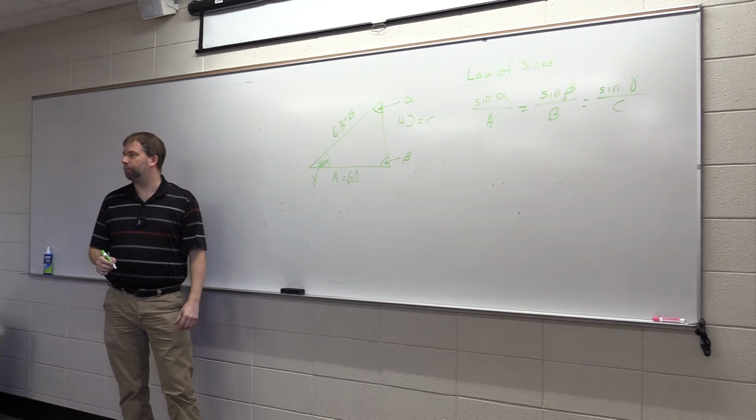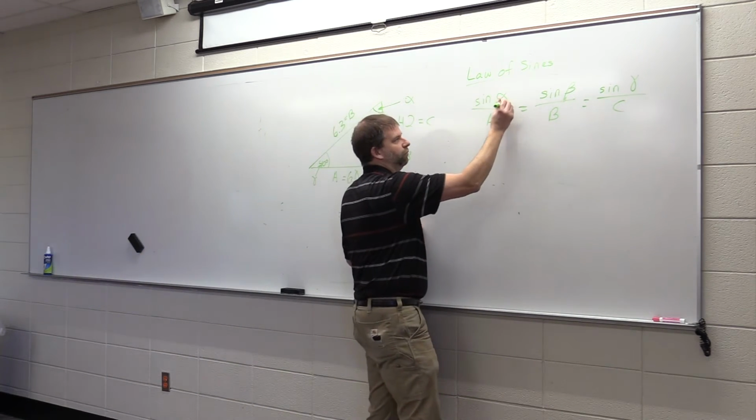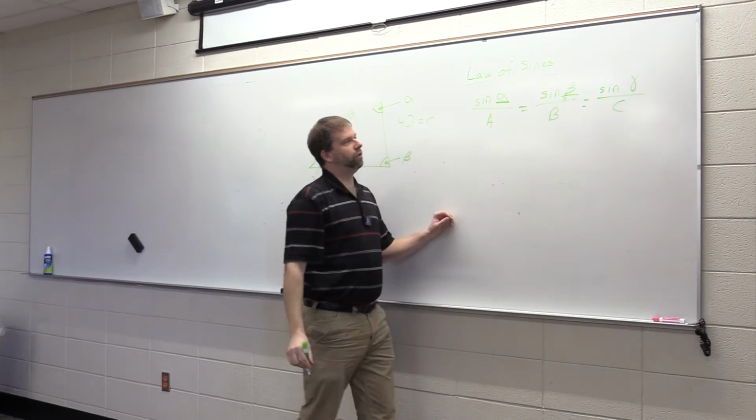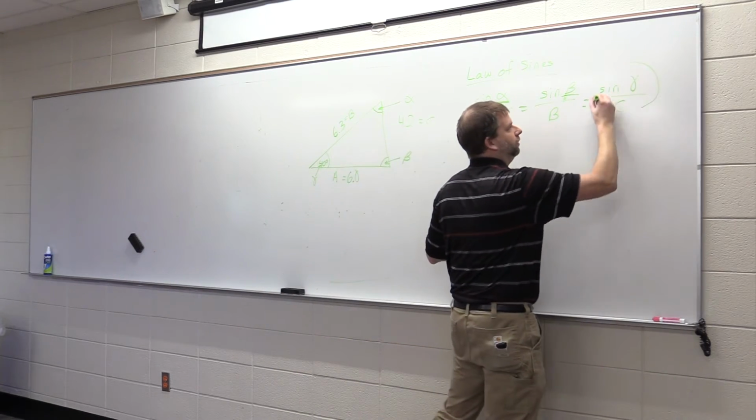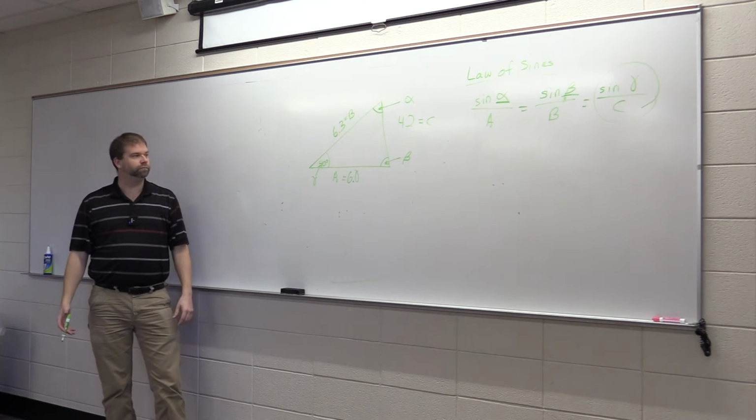Okay? So this is one way that you could solve it. Where this is what we don't know, this is what we don't know, and we can use this knowledge to solve them individually. Okay?